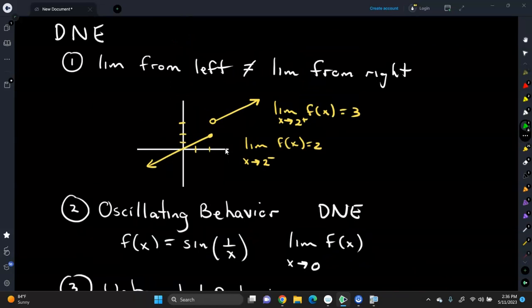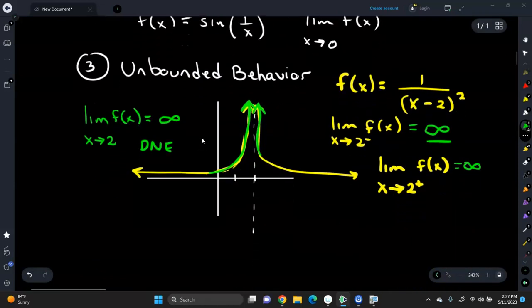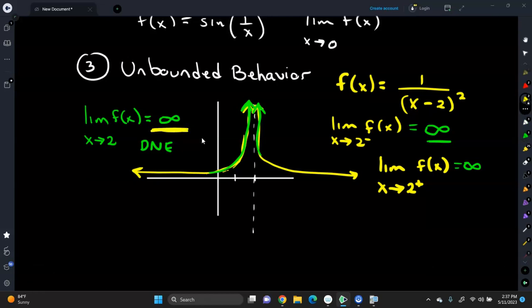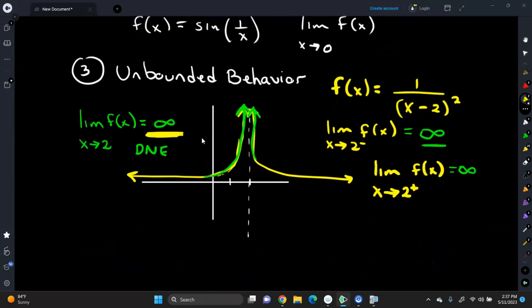There's no finite number that I can identify in number 1 or 2. In number 3, the limit is actually infinity, which means it does not exist. Okay? So I prefer that you state that the limit is actually infinity, because that is a very different situation than case 1 and 2. However, that means that the limit does not exist there.